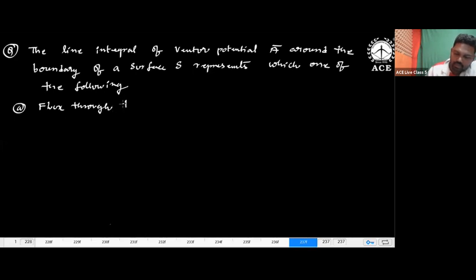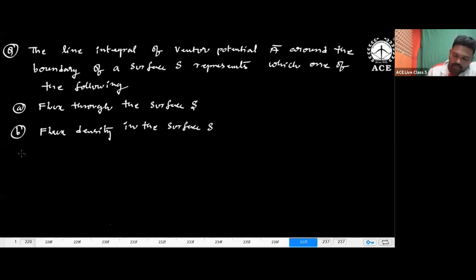Option A, flux through the surface S. Option B, flux density in the surface S. Option C, magnetic field intensity. Option D, current density.